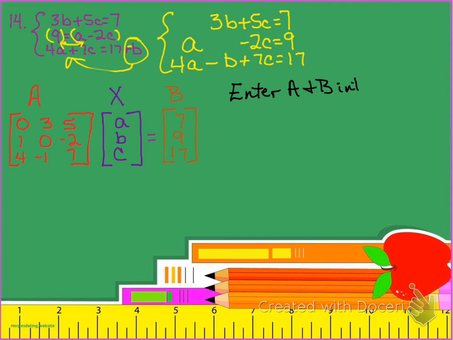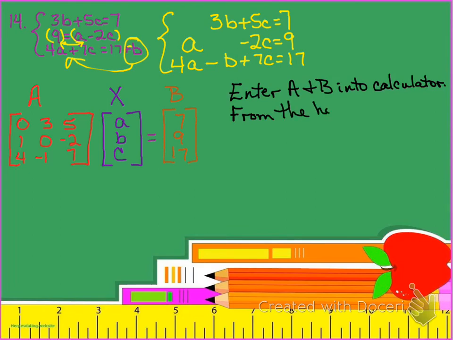We're going to enter matrix A and matrix B into the calculators. Go ahead and pause the video so that you can get those put into your calculator. When you're done, come back.